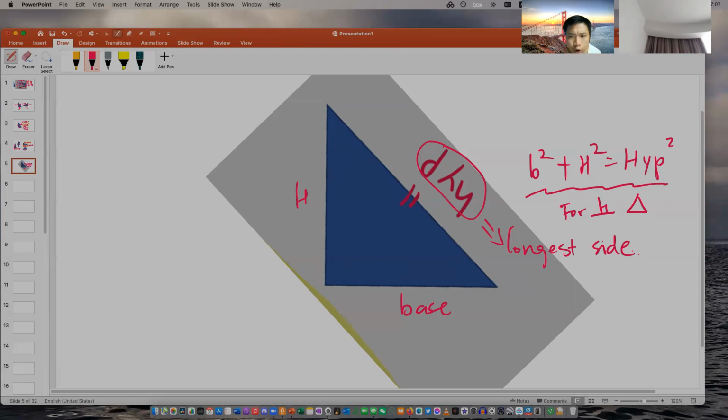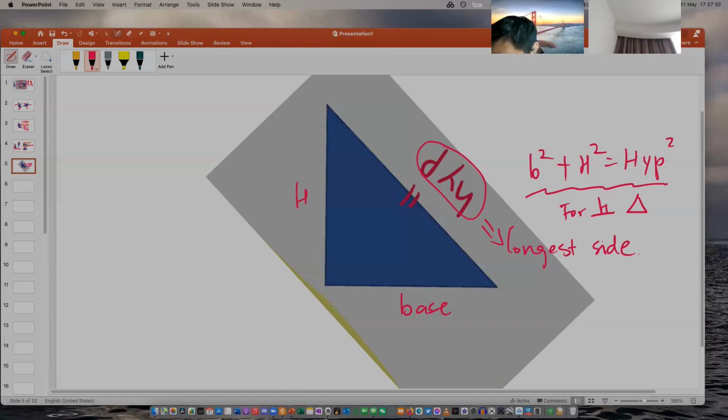I think in the near future, maybe not this time, I can find another question which you can make use of this concept, which can help you solve the question in another way. I will find a question that you can make use of this concept. Good. So I have introduced this concept to you. Let's move on.